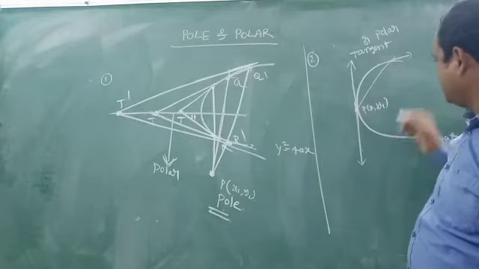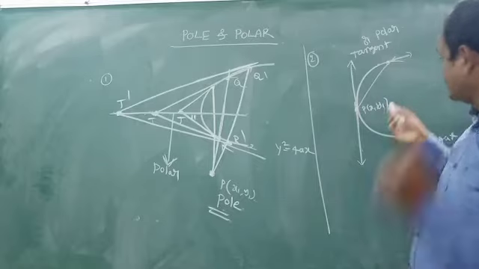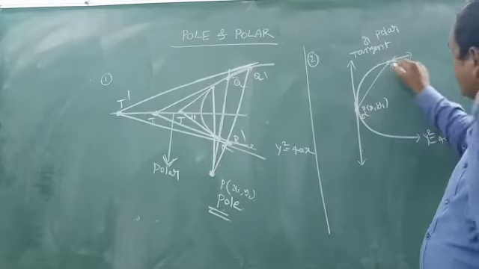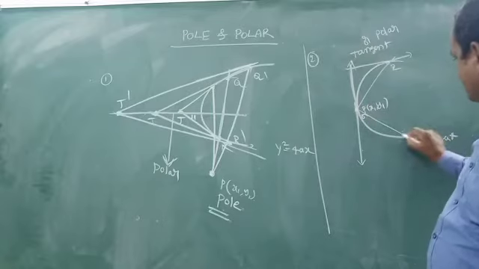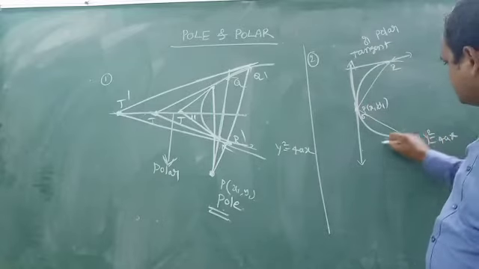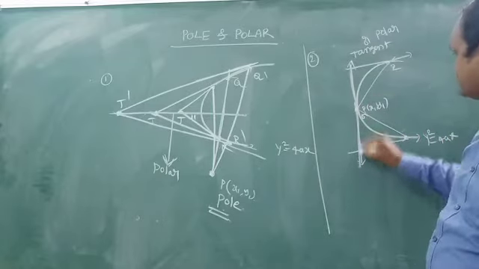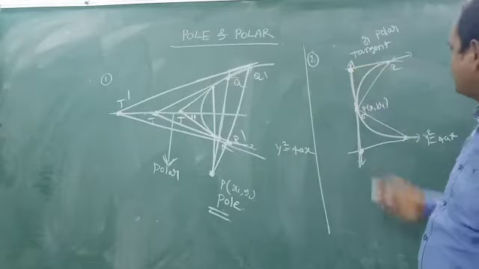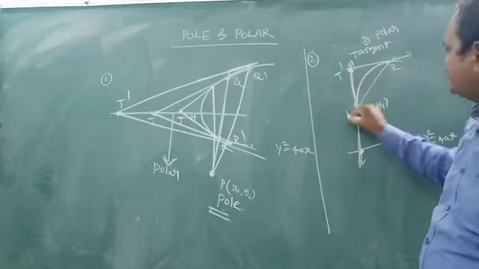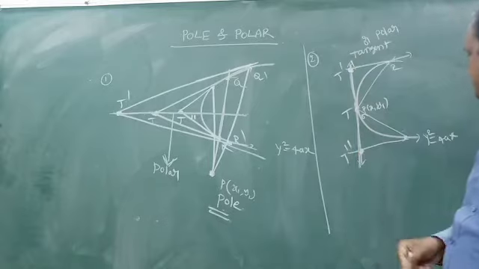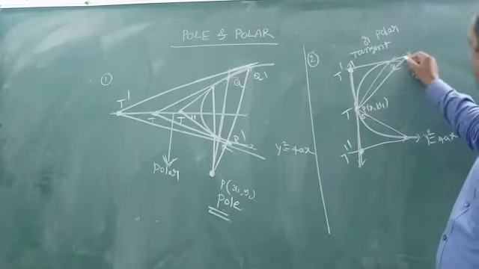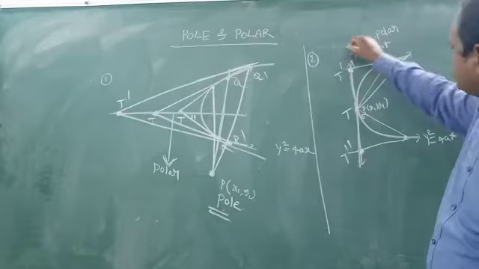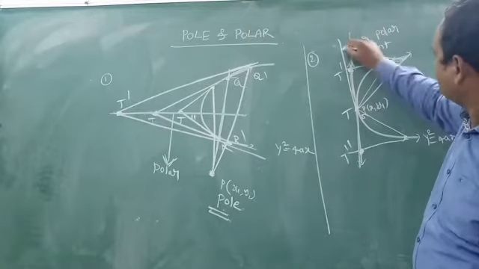If you draw a secant like this, and suppose this is Q and R, if you draw the tangents, they will intersect like this. Similarly, here you draw the tangents, they all meet at this point. These locus points, we call T dash here, T double dash here. Similarly, you can take many such points. Now from this, you draw the tangents like this, they all meet.